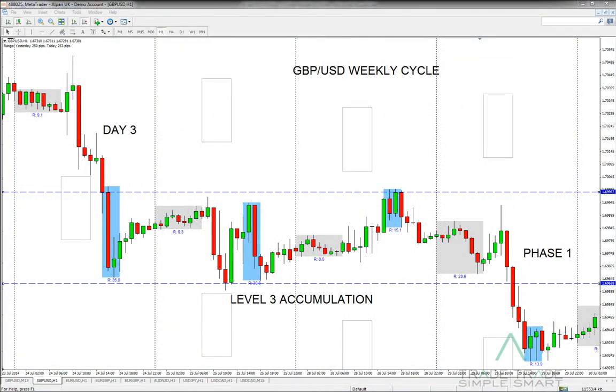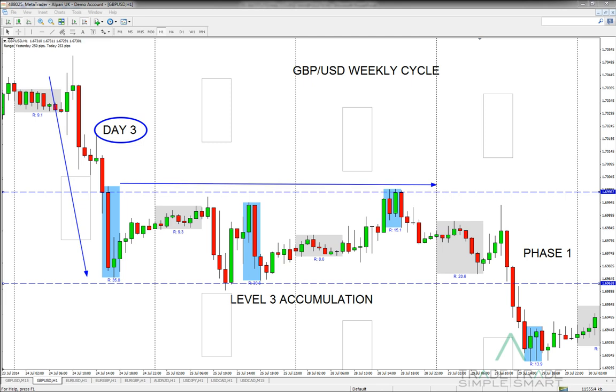So in this example on sterling against the dollar, we're looking at the 1 hour chart and we're looking at the weekly cycle. So we can see that we've had day three, and we've had three levels of fall, and after we see three levels of rise or fall, we're going to expect the market to go into level three accumulation, and we see this take place over the course of 3 days.